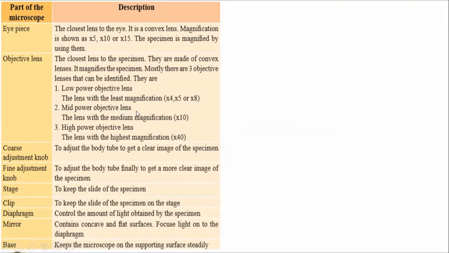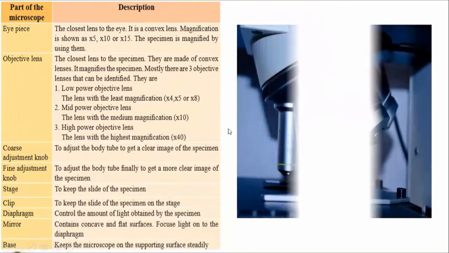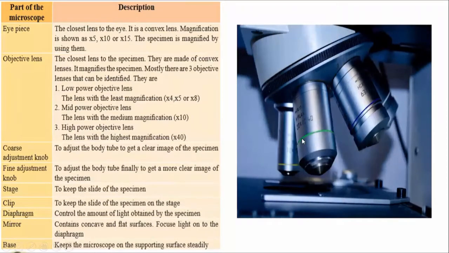Mid power objective lens, the lens with the medium magnification, that is times 10, and high power objective lens, the lens with the highest magnification, that is times 40. So here there is a picture of the three different types of objective lenses. If you look closer, you can actually see the magnification of each lens is stated on these lenses.